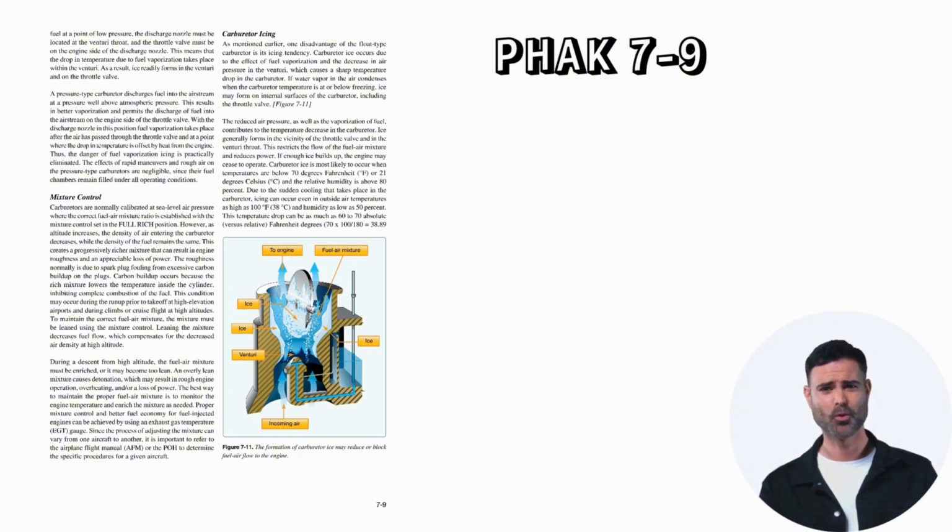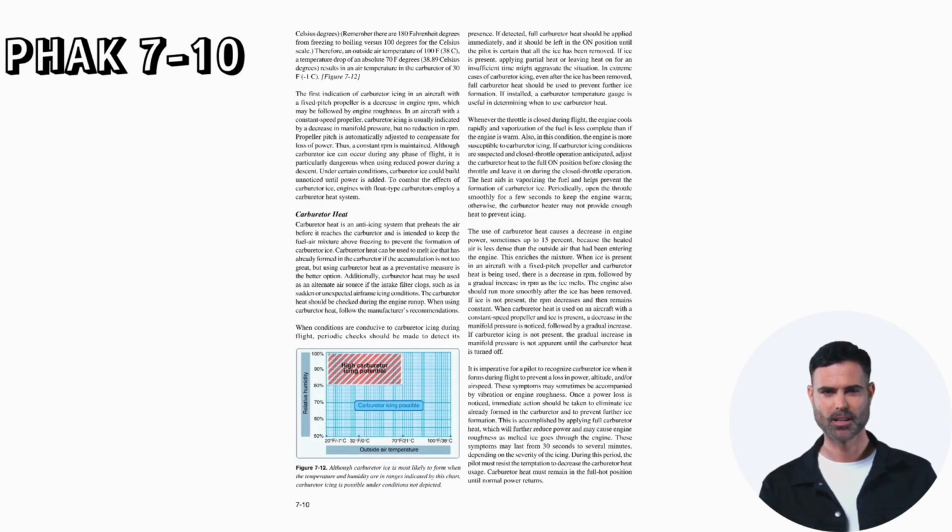Due to the sudden cooling that takes place in the carburetor, icing can occur even in outside air temperatures as high as 100 degrees Fahrenheit, 38 degrees Celsius, and humidity as low as 50%. This temperature drop can be as much as 60 to 70 absolute, versus relative, Fahrenheit degrees. 70 times 100 divided by 180 equals 38.89 Celsius degrees.